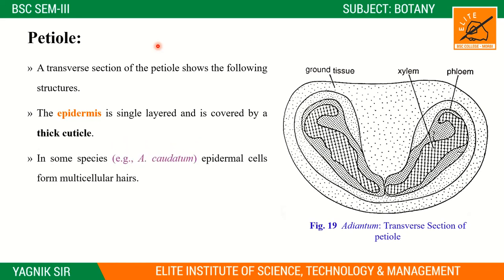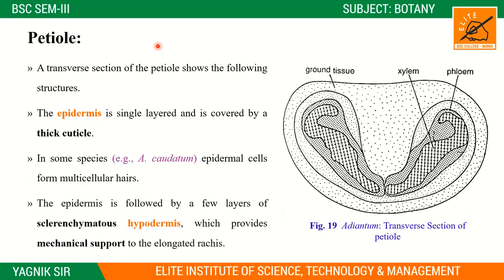In some species like Adiantum caudatum, epidermal cells form multicellular hairs. Normally hairs are not present on petioles, but sometimes, like in Adiantum caudatum, epidermal cells have multicellular hairs, right? The epidermis is followed by a few layers of sclerenchymatous hypodermis.